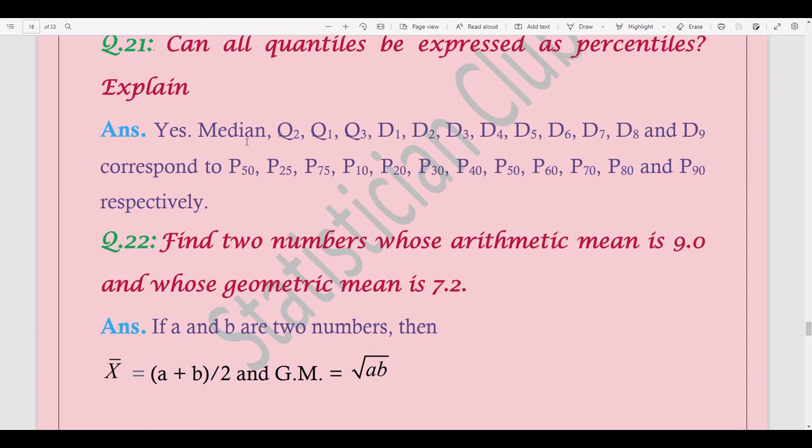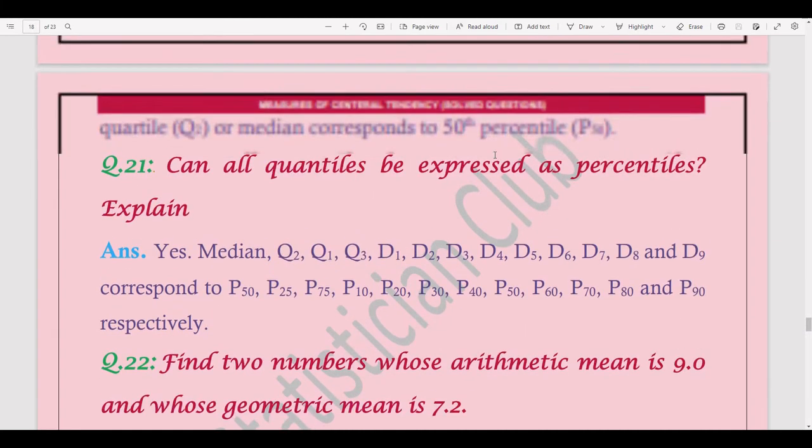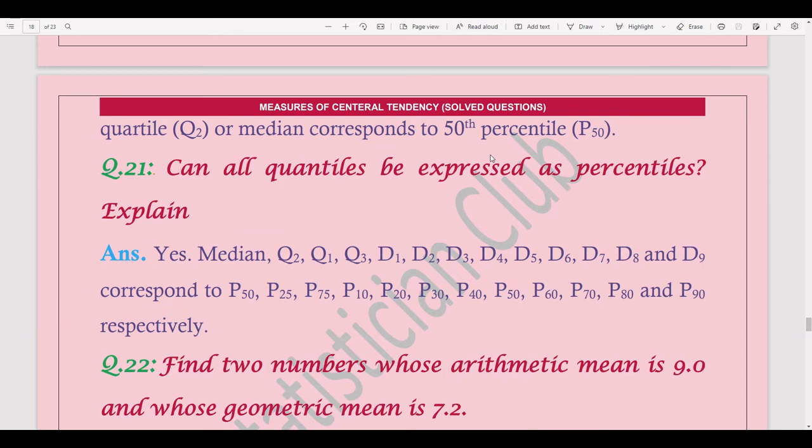Q1 is P25, Q3 is P75, D1 is P10, D2 P20, D3 P30, D4 P40, D5 P50, D6 P60, D7 P70, D8 P80, D9 P90. So these are the quartiles and deciles that are equal to percentiles.